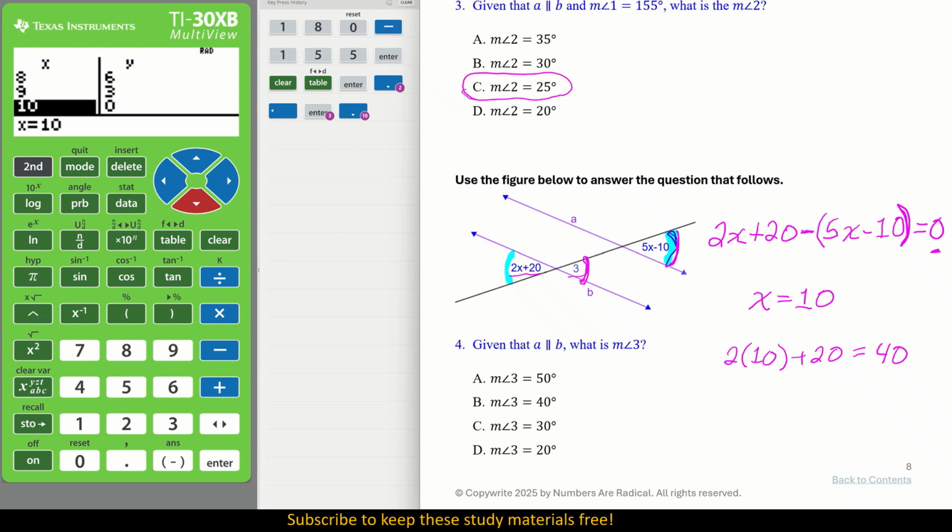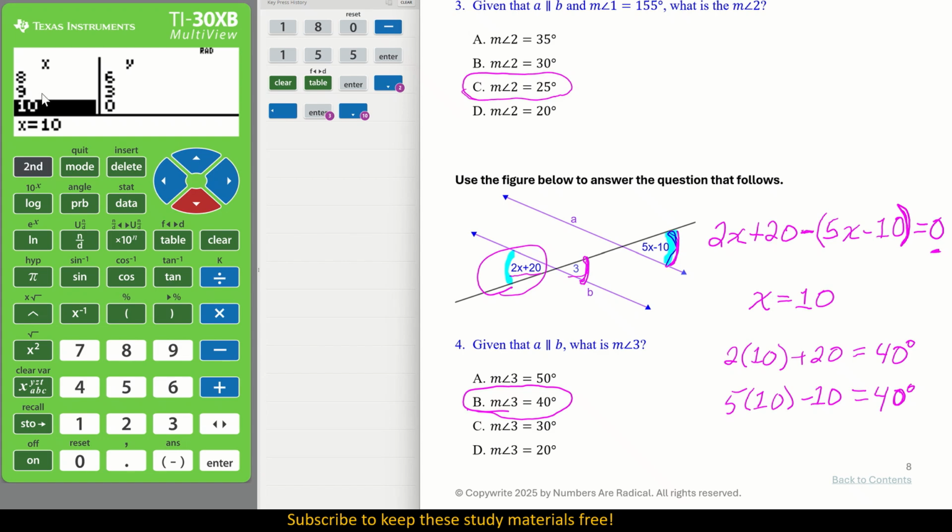But that just verifies it with this angle. Let's try the other one. So 5 times 10 is 50. Okay, minus 10, that also, sorry about that, also equals 40 degrees. So verify. Angle 3 equals 40 degrees because of the laws of congruency.